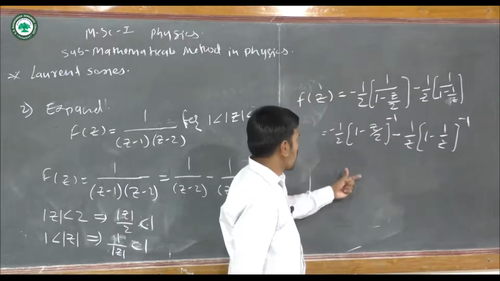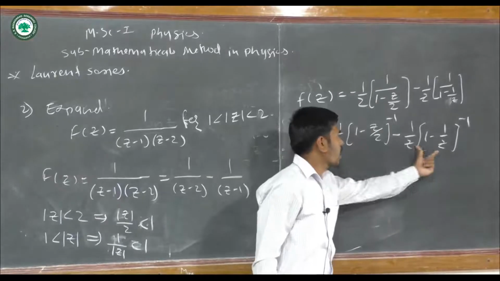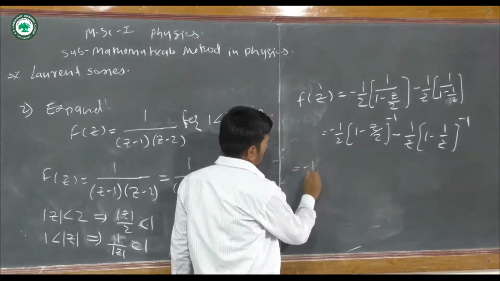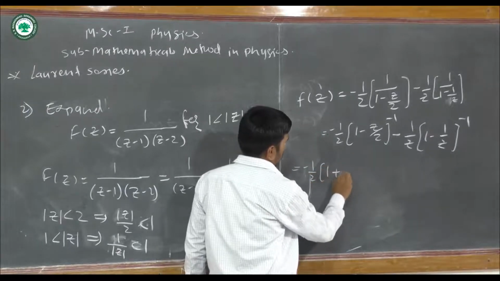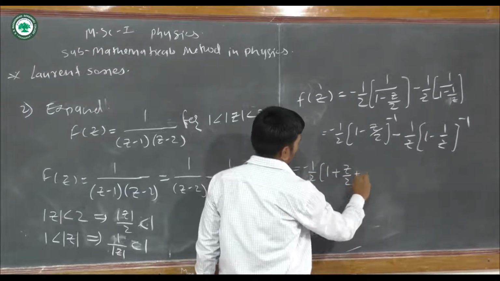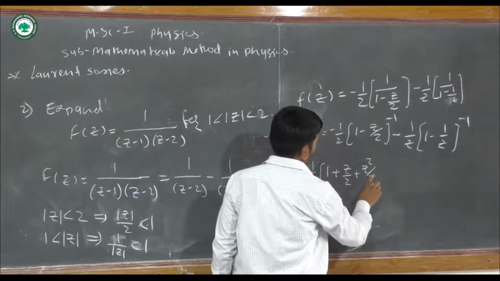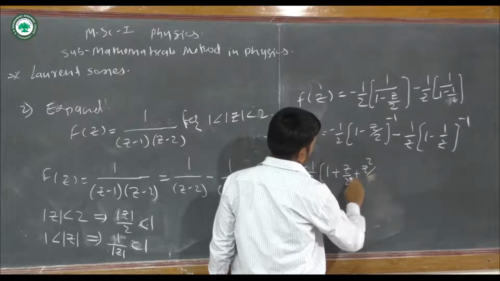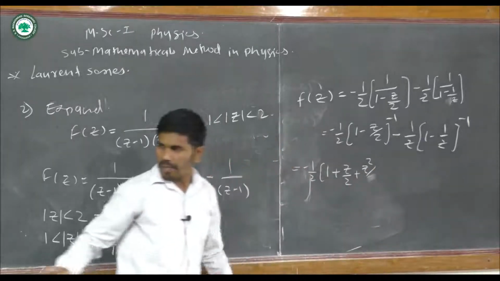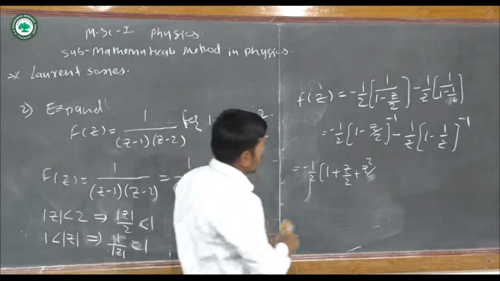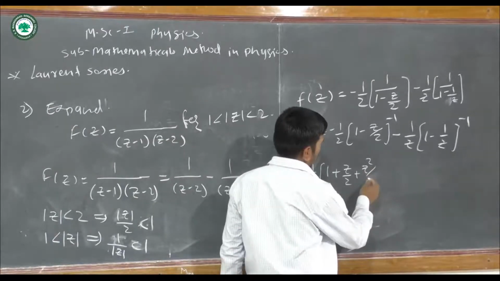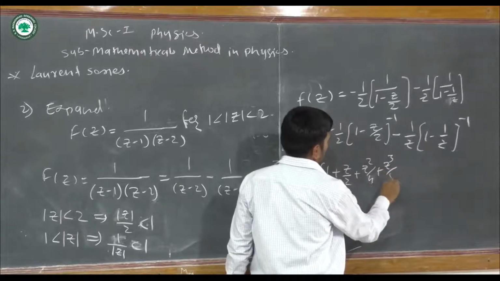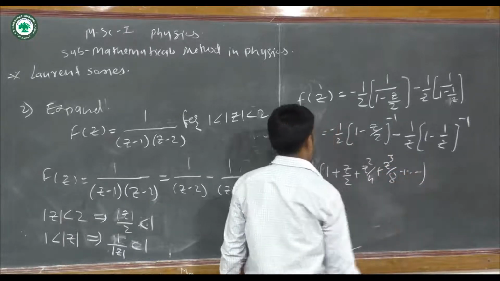Okay, now if we expand these two brackets by the binomial theorem, we get minus half into 1 plus z by 2 plus z square by 4, z cube by 8 and so on.